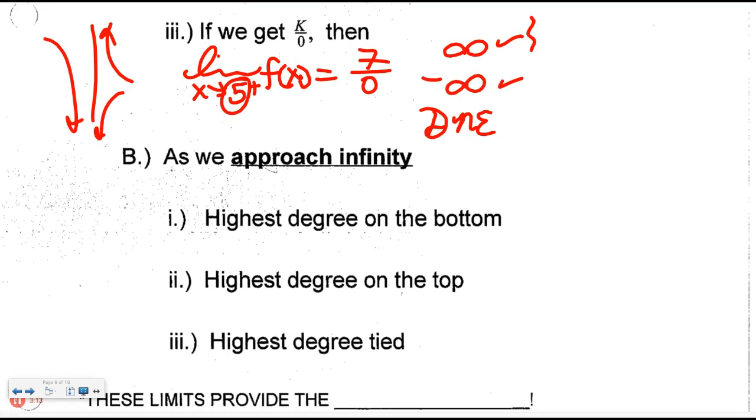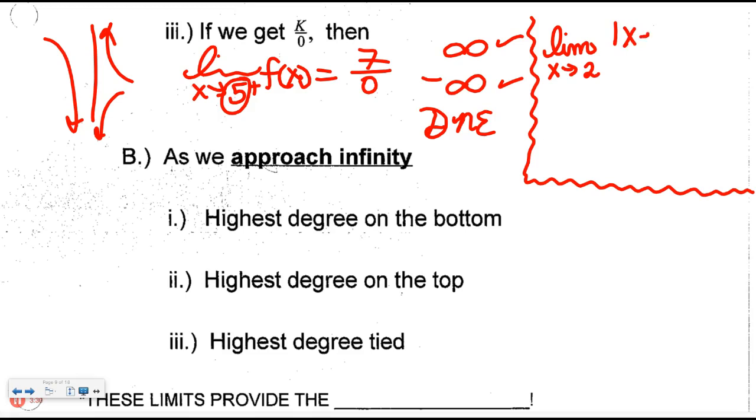The one that gets a little tricky, and still seems to throughout the years cause problems, is the absolute value issue. So let's take a look at what happens when we take the limit as x approaches, let's just say 2, of the absolute value of x minus 2 over x minus 2.